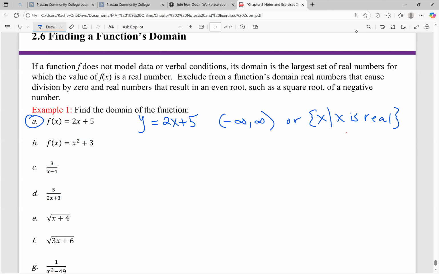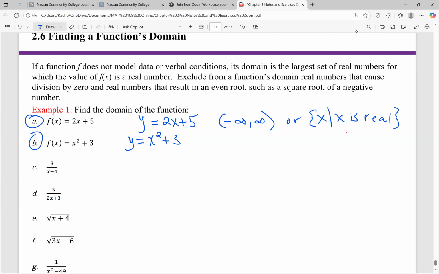Look at B. We have y equals x squared plus 3. And we can picture what this function looks like now, because in the previous section, we looked at transformations, right? This is our squaring function, which is a quadratic, right? It's a parabola that goes through the origin, but we're going to shift it up 3 units.